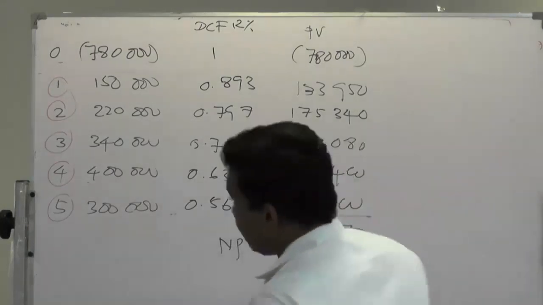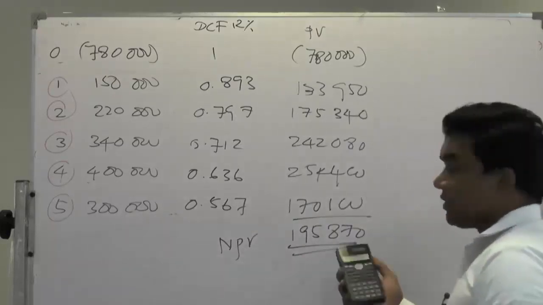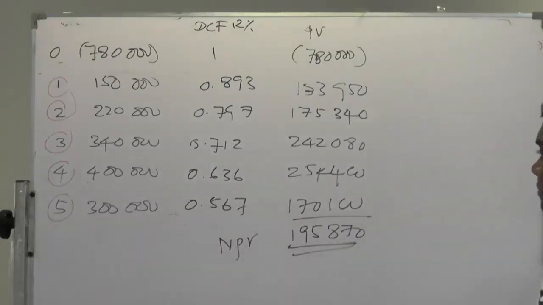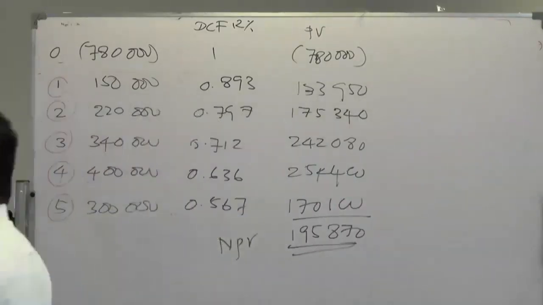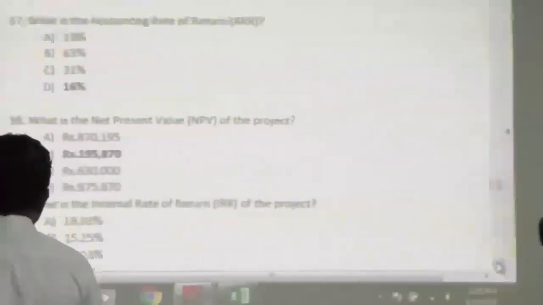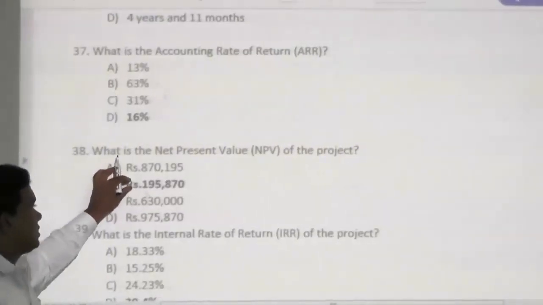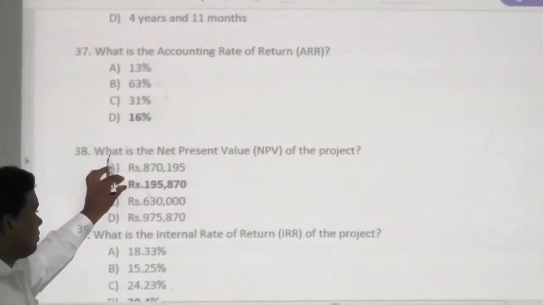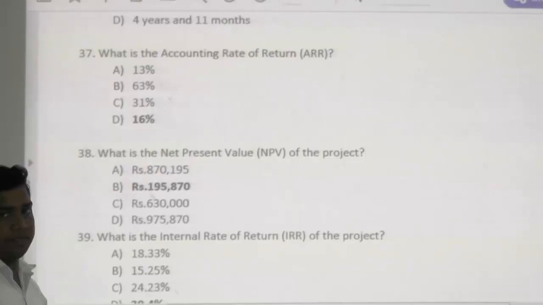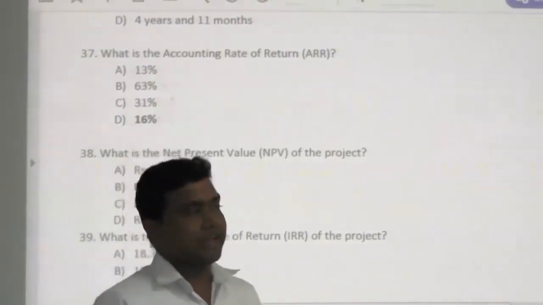Let's see, 195,870 will be the net present value. I think you have the paper in your hand also. The net present value is 195,870, right? Now our next duty is to calculate the IRR.